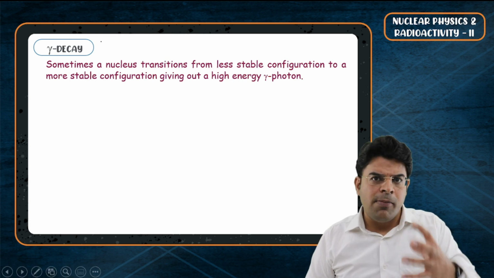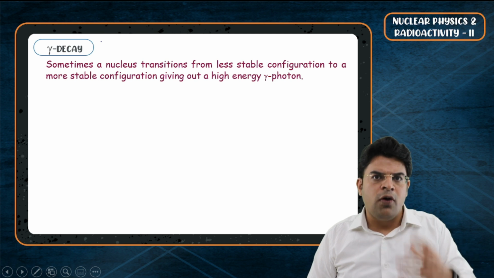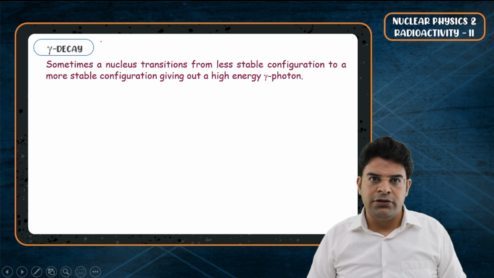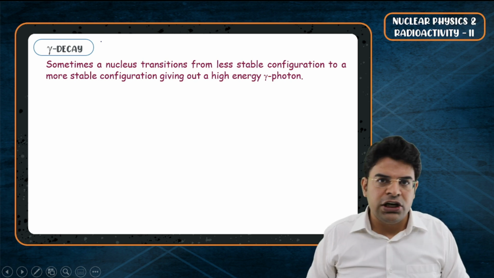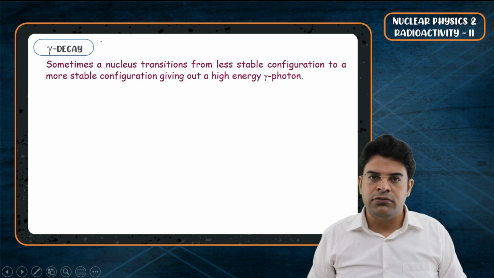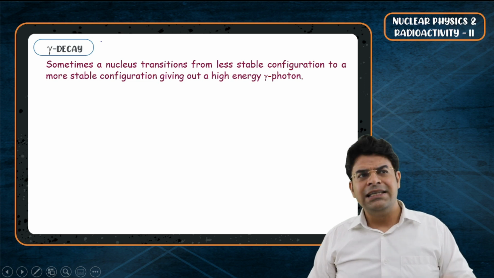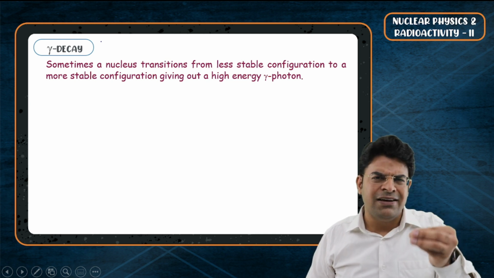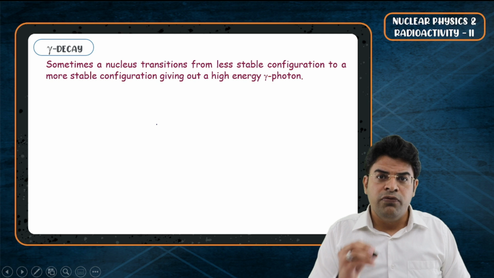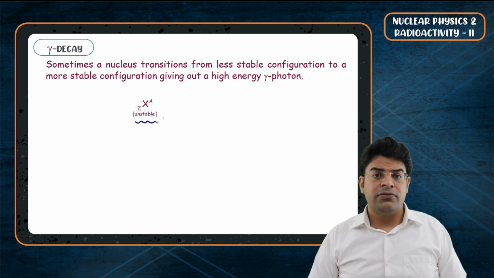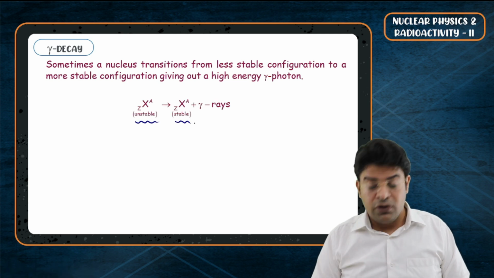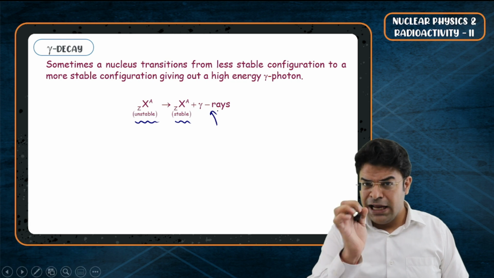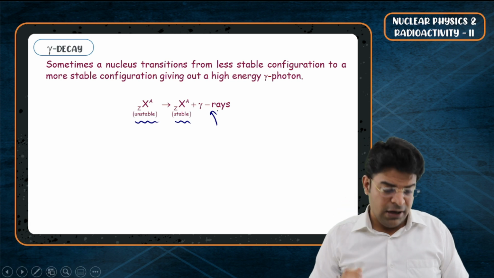So in a gamma decay, what comes out of the nucleus? Nothing but gamma rays. What is the charge on gamma rays? No charge. What is the mass of gamma rays? There is some moving mass, we can find it, we have learned it, but technically you can take it as 0. So we can say that an unstable nucleus converts into a stable nucleus by giving out a high energy photon, which are called gamma rays.